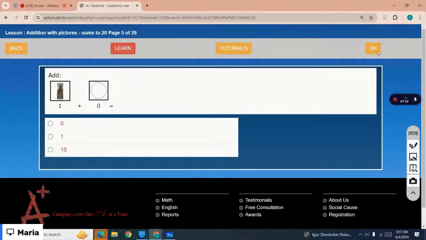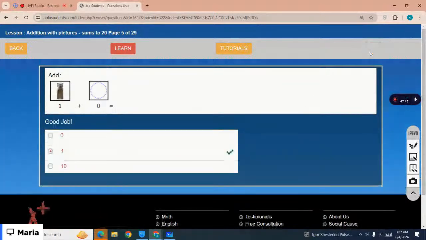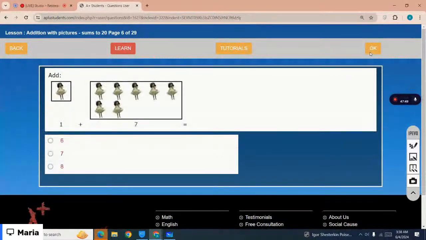One plus zero. Which is the correct option? Yes, the correct option is 1. 1 plus 0 is 1. 7 plus 1. Eight.